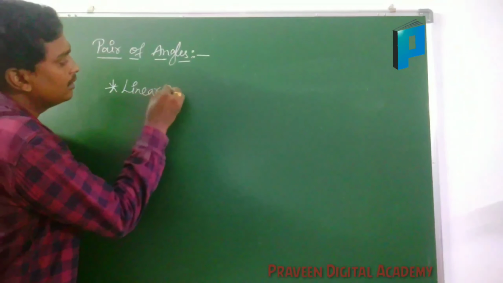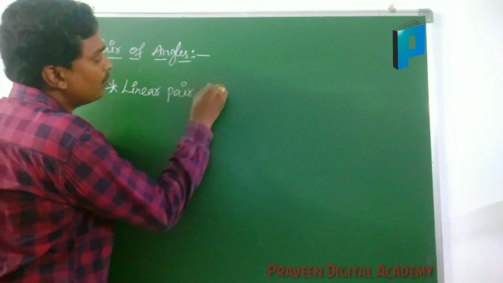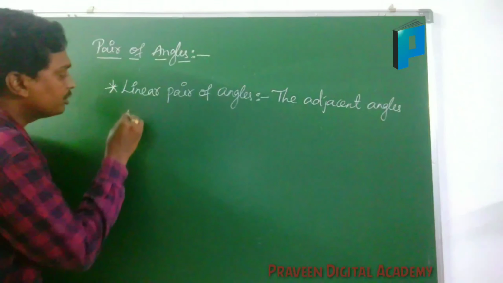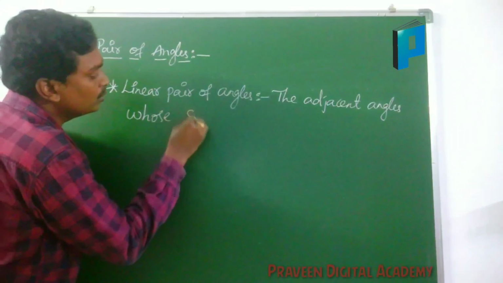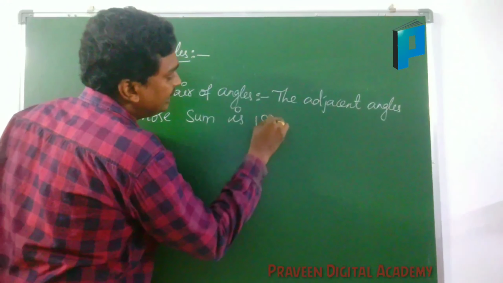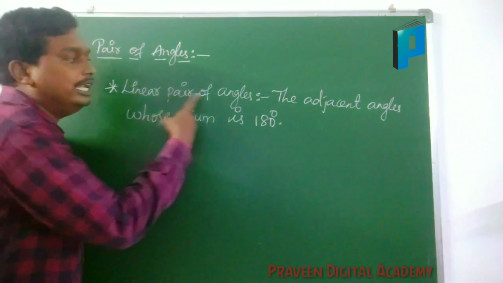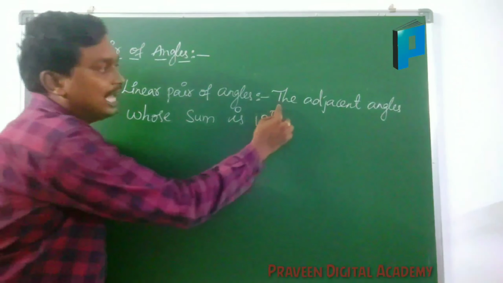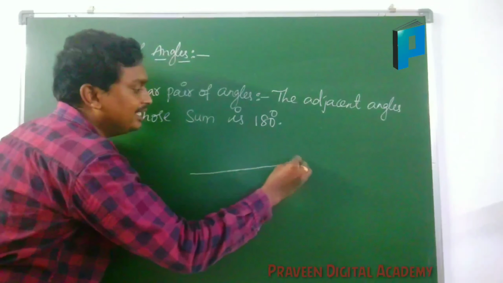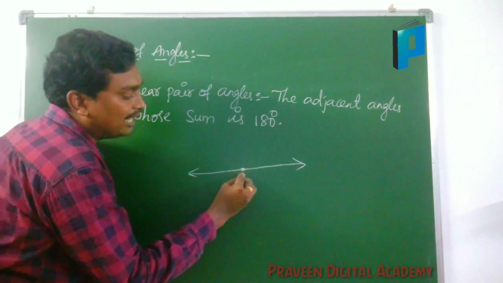Linear pair of angles. The adjacent angles whose sum is 180 degrees are called a linear pair of angles. The adjacent angles whose sum is 180 degrees, these are also adjacent angles.